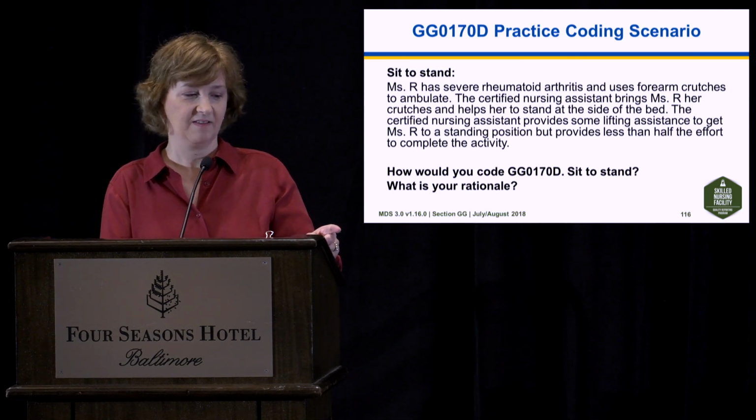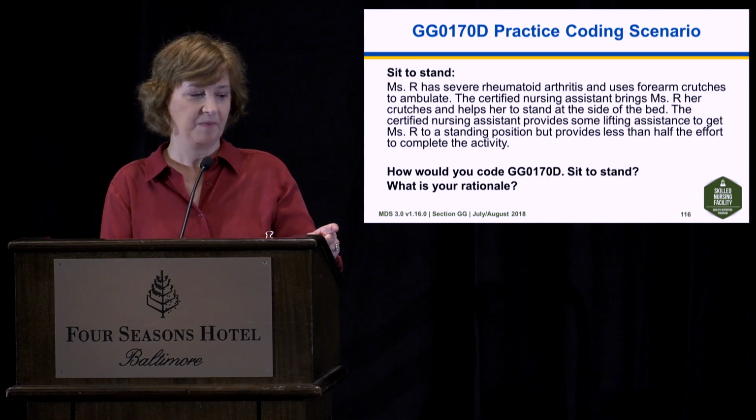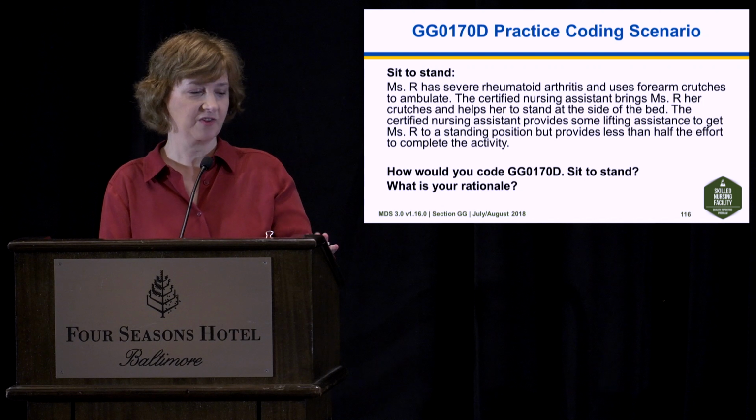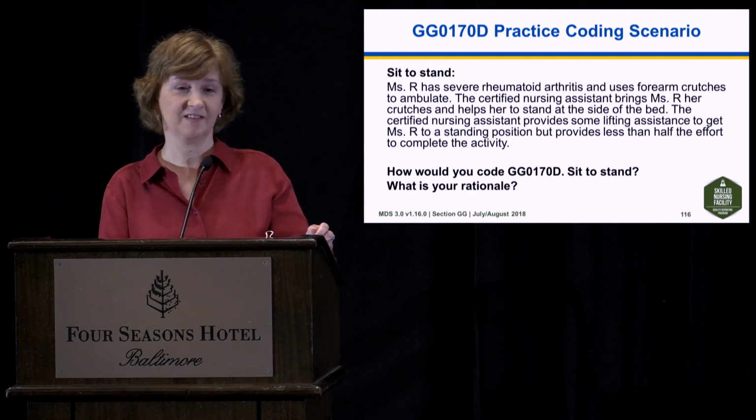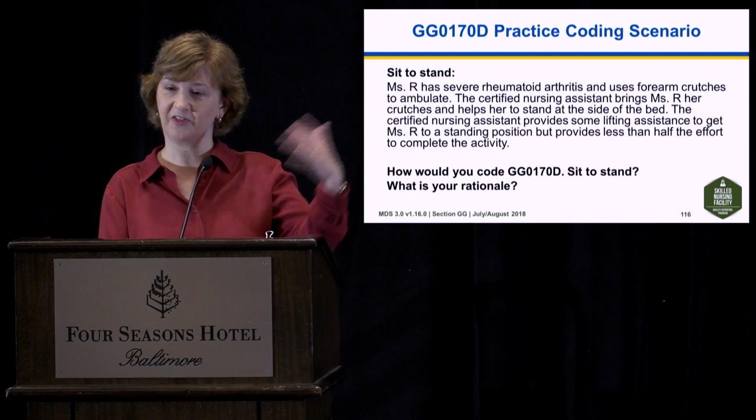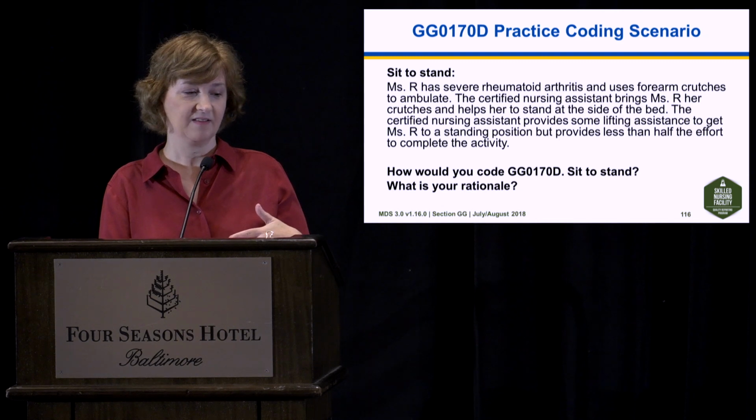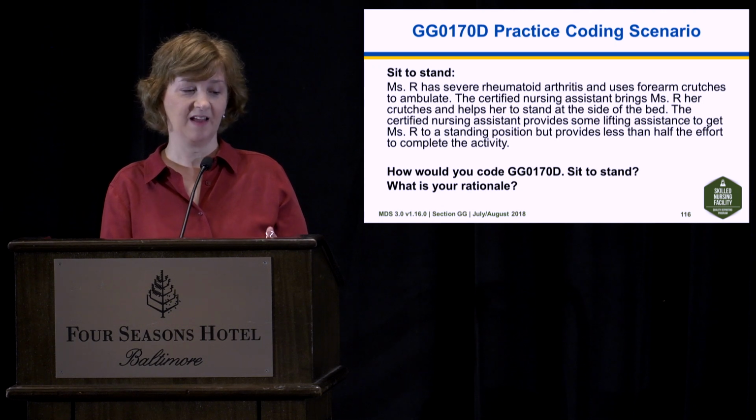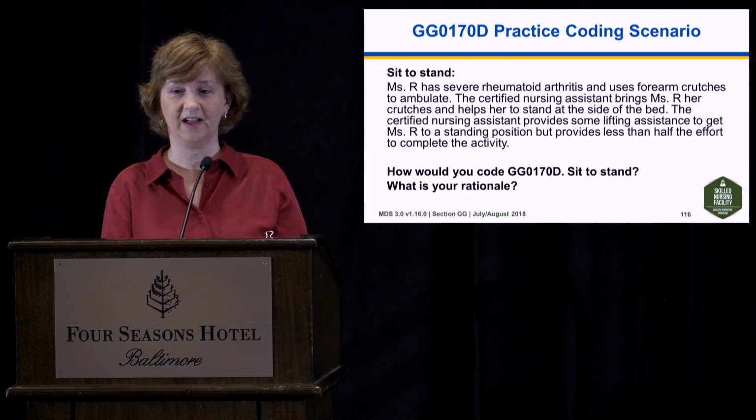Okay, it says in here that the certified nursing assistant provides some lifting assistance, so we know we're going to be a 3 or below, and it says the lifting assistance to get Ms. R to a standing position, and the helper provides less than half of the effort to complete the activity.